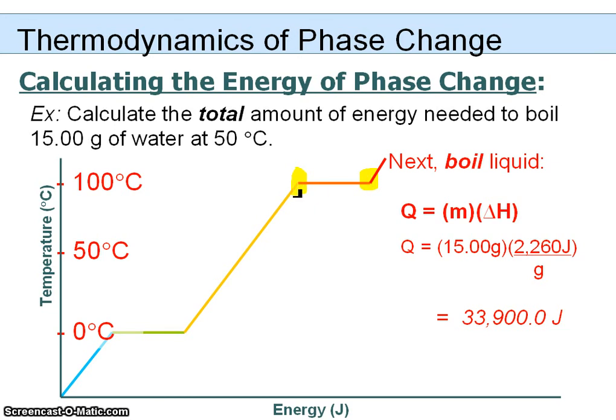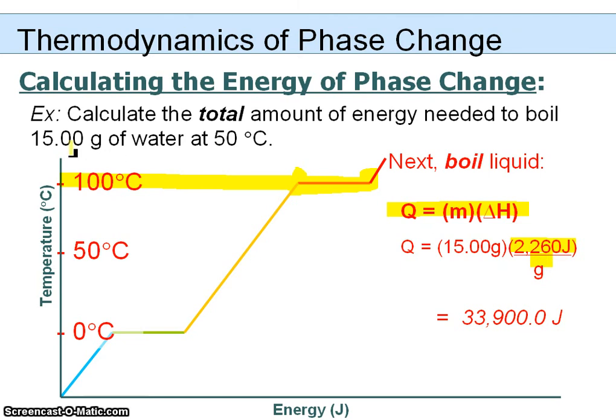So notice that when we're converting from a liquid to a gas, the temperature is remaining roughly constant at 100 degrees C. So we're going to choose our equation for this as being the one with the molar heat, because there is no temperature change associated, and this is a phase change. So we're going to choose the molar heat of vaporization, which, given on the back of your periodic table or on any reference table for water, is going to be 2260 joules per gram.